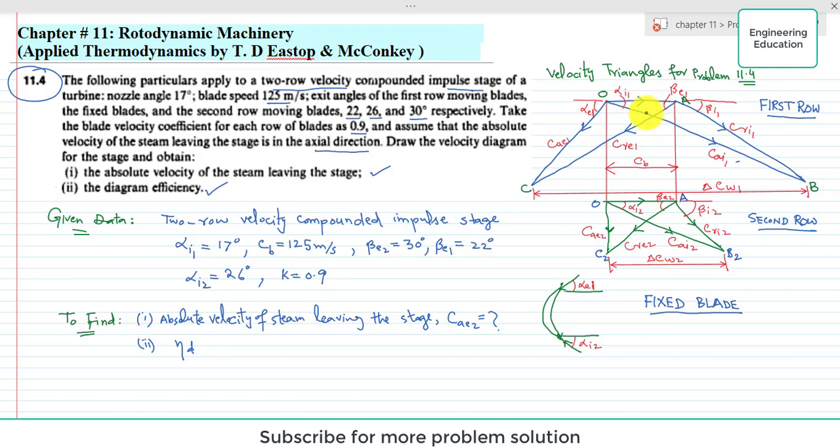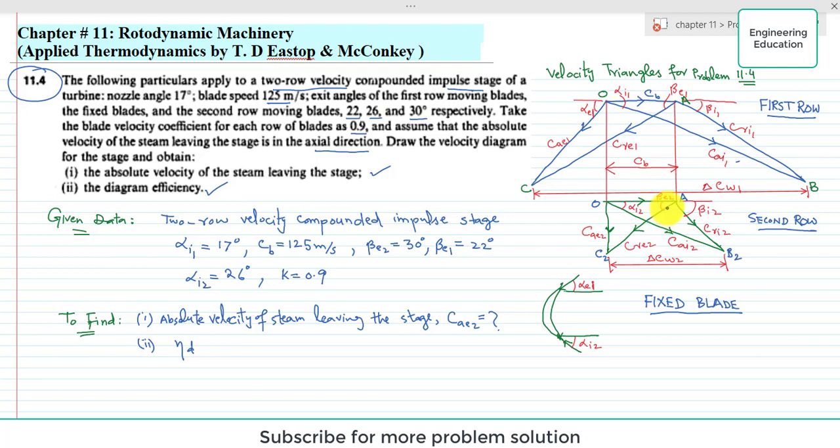These velocity triangles, OAB is the inlet triangle for the first row and OAC is the exit velocity triangle for the first row. So when we merge these two triangles, we get this resultant diagram in which the blade speed is common. This is the blade speed CB.